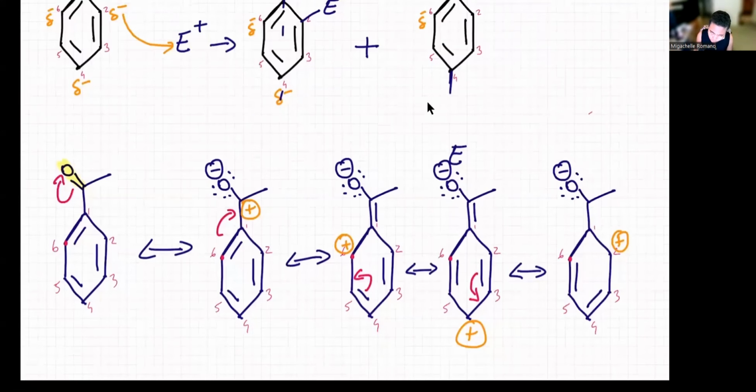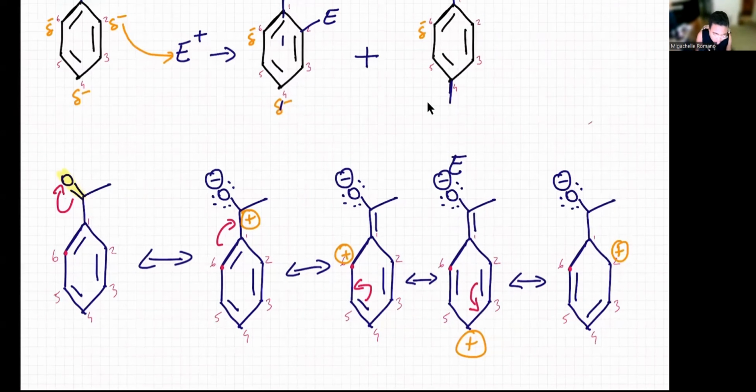Now, what is this telling us, right? What it's telling us is that at the ortho and para positions, at carbon 6, carbon 4, and carbon 2, they are partially positive.